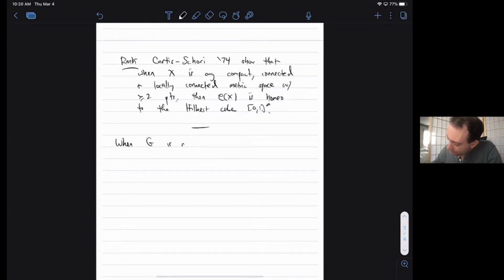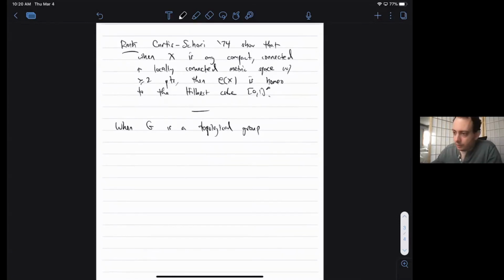So when G is a topological group, basically all the examples that I'm ever going to do have G actually a Lie group, but you can make the definition in this generality. Okay, the way I chose to define the Chabauty topology, X was a locally compact metric space, so at least I want to assume here that G is locally compact, second countable.